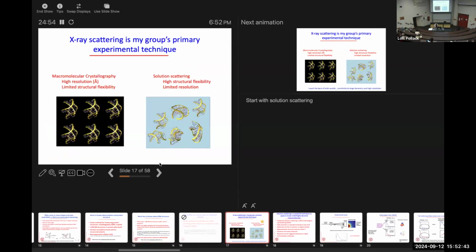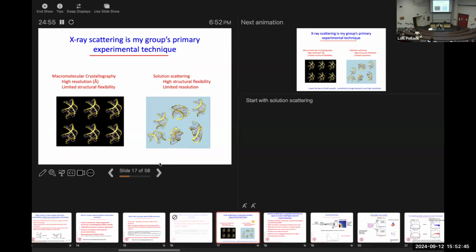Okay. Now we're switching to the next part of the talk, which is the experimental part. So X-ray scattering is my group's method of choice, and we use it in two different ways. So macromolecular crystallography, you can make a crystal of these biological molecules, just like I have a crystal of carbon known as a diamond on my hand.